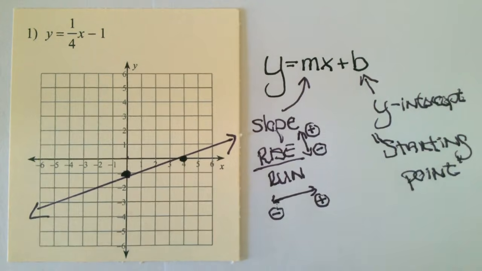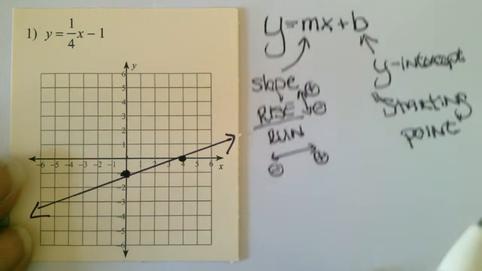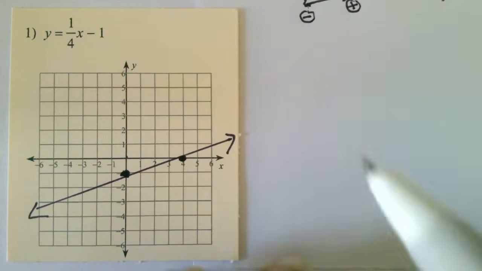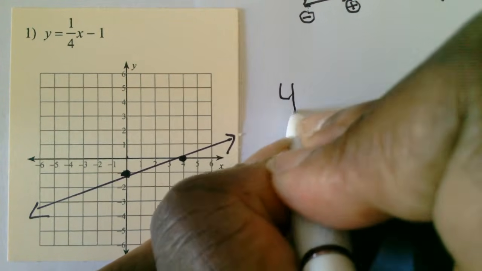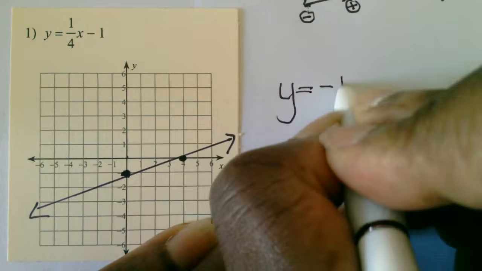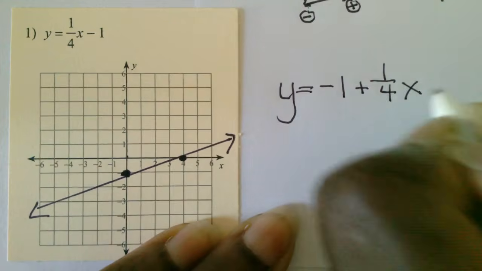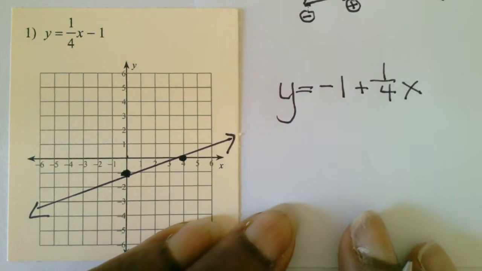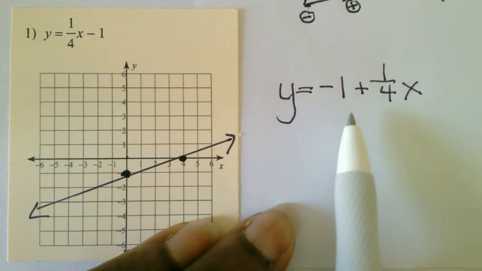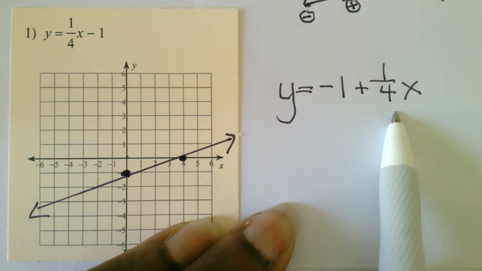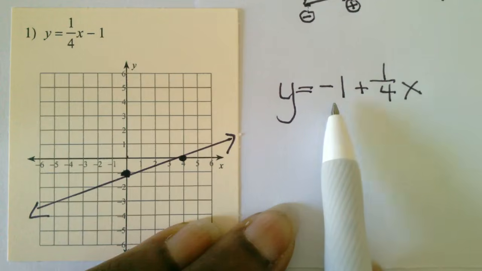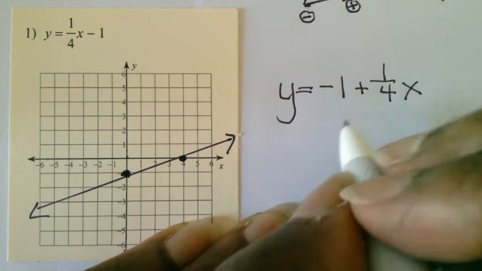So let's say, just throwing this out there, what happens if the equation looked like this? Like it was flipped around. Well, your y-intercept normally is at the end, but the y-intercept is the constant, the one that doesn't have an x or y next to it. So they just flipped it around.